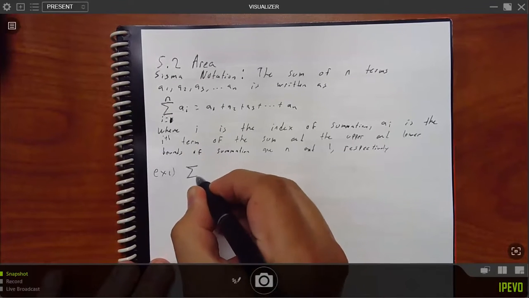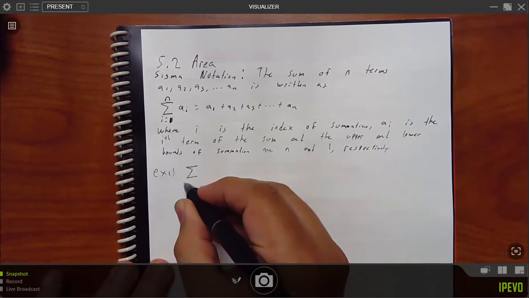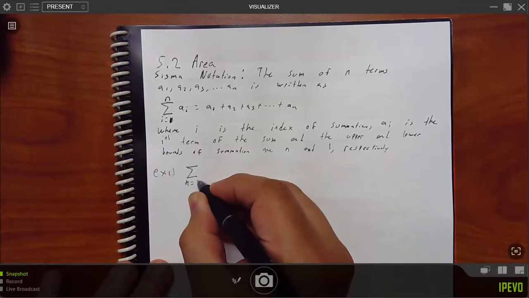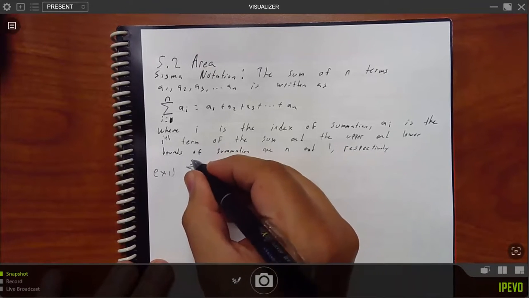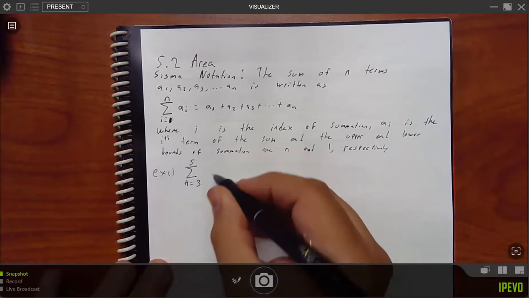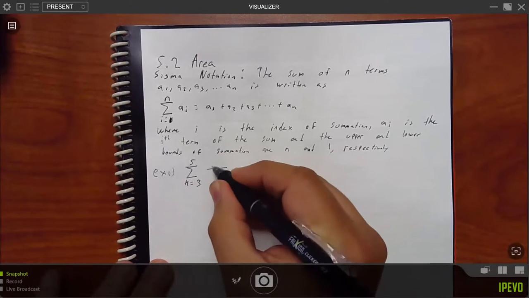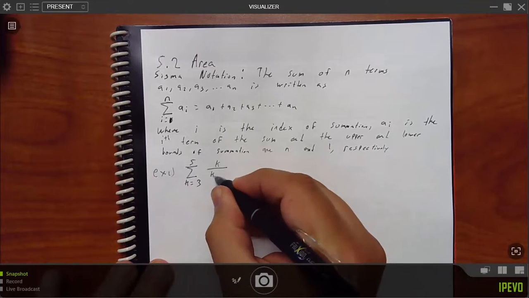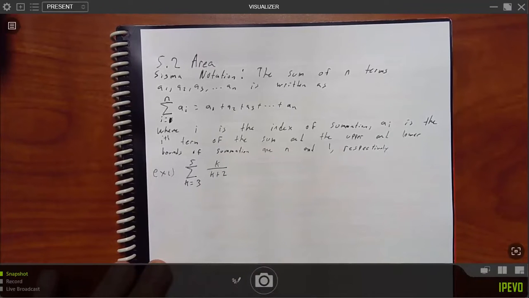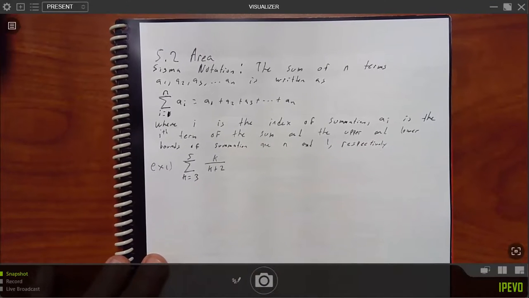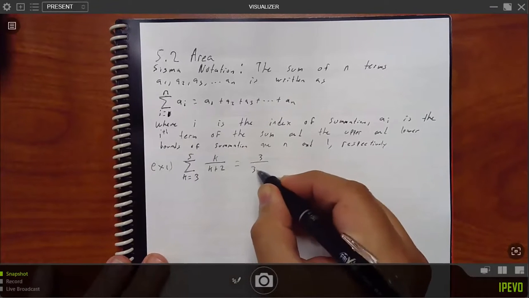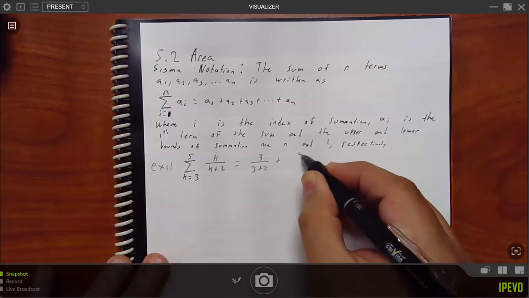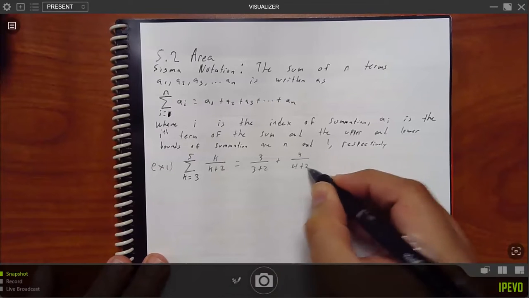So if I were to say the sum from, I don't know, k equals 3 until 5 of the following, k over k plus 2, all that would mean is you start at 3, you go all the way until 5.